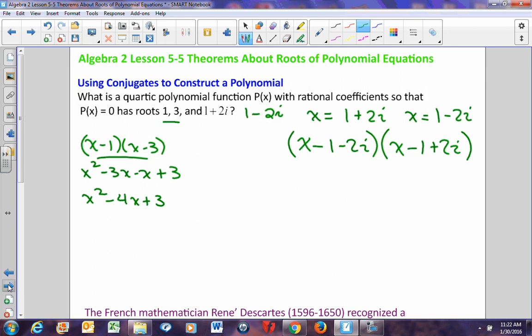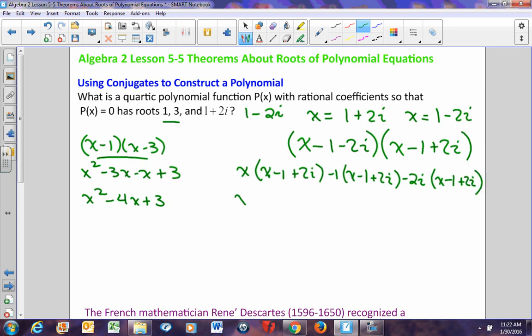Okay. Over here, I'm going to multiply x times x minus 1 plus 2i, negative 1 times x minus 1 plus 2i, and then negative 2i times x minus 1 plus 2i. I write that out because this one's a little bit harder.